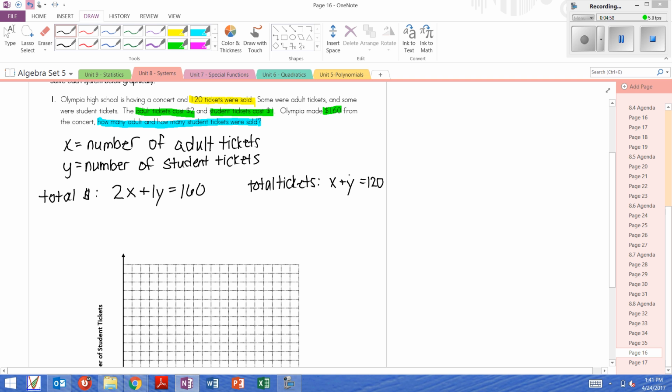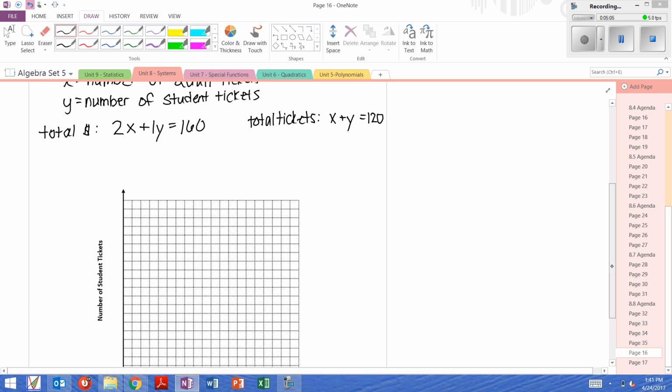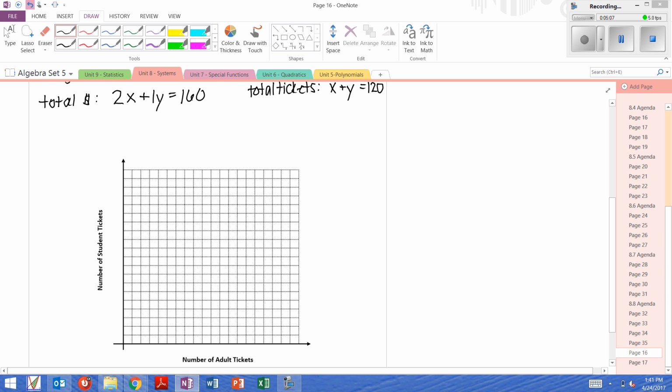Now, if I want to graph these equations, it's not very easy to do right now because I don't have it in y equals mx plus b format. But I think that we can do that pretty easily. It looks like I can subtract away 2x from both sides, and I end up getting 1y, or just y, is equal to 160 minus 2x.